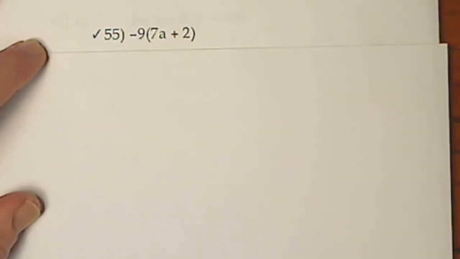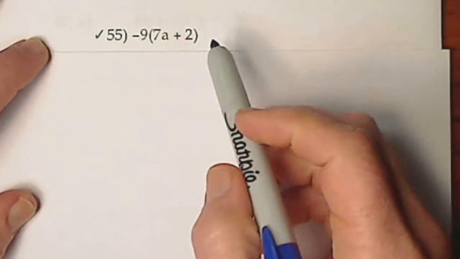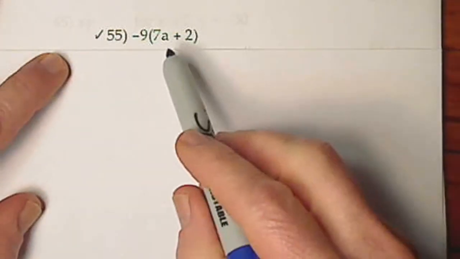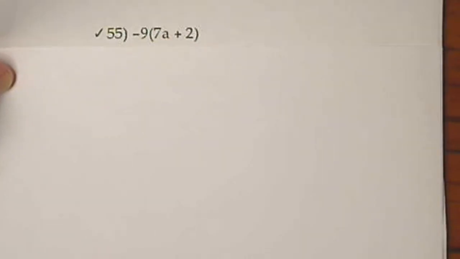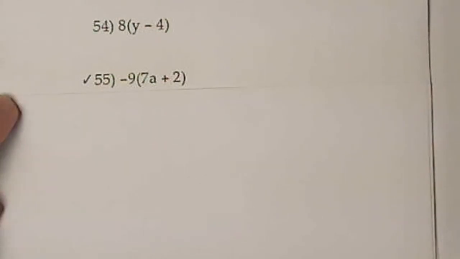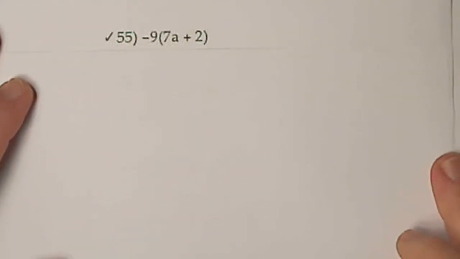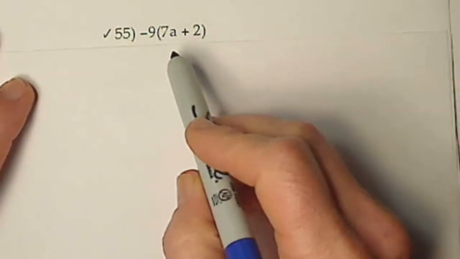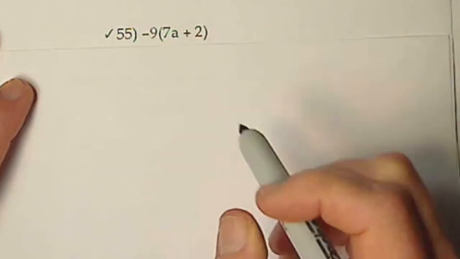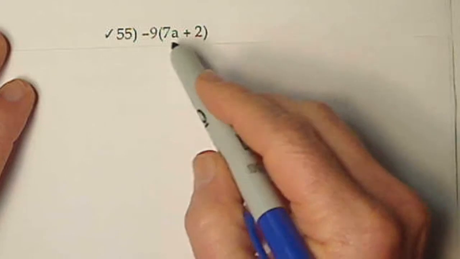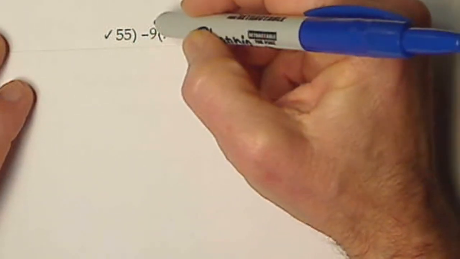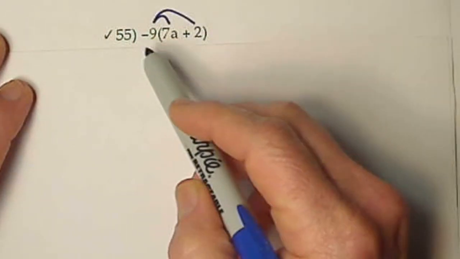To do that, according to order of operations, you're supposed to do what's inside parentheses first. But you probably notice you can't combine what's inside parentheses. You can't combine the 7a and the 2 because they're not like terms. This doesn't have a variable of a. So I need to get rid of these parentheses. I'm going to send in the negative 9.